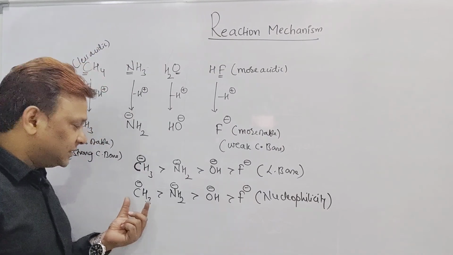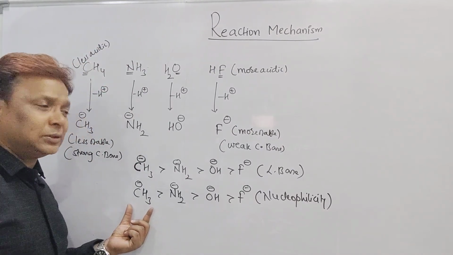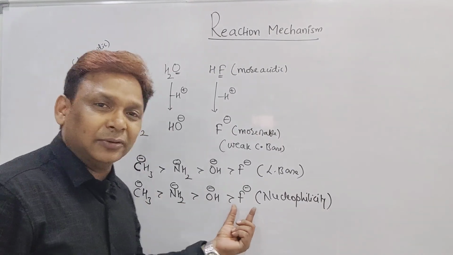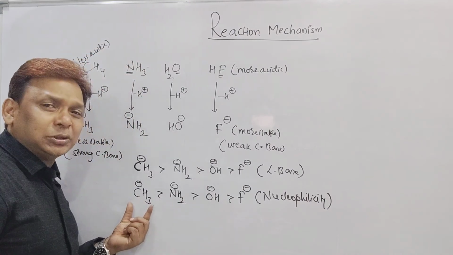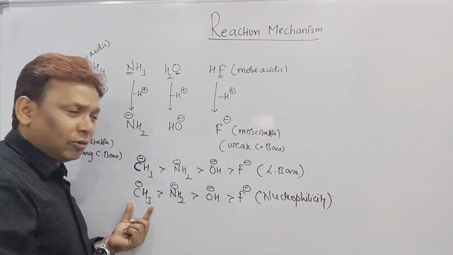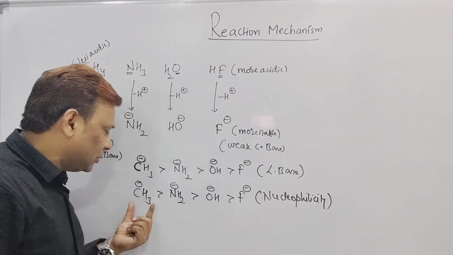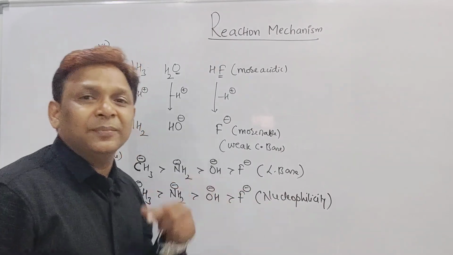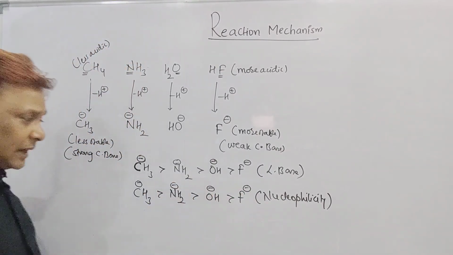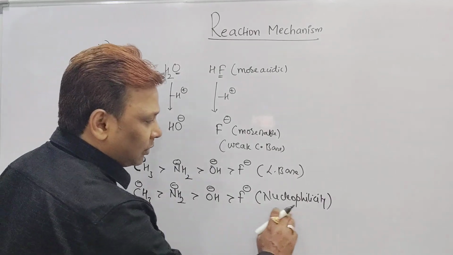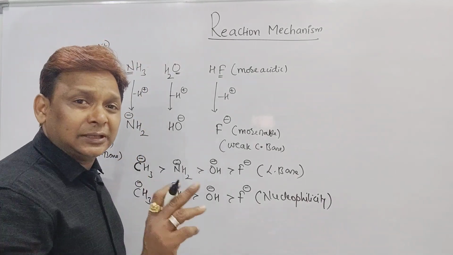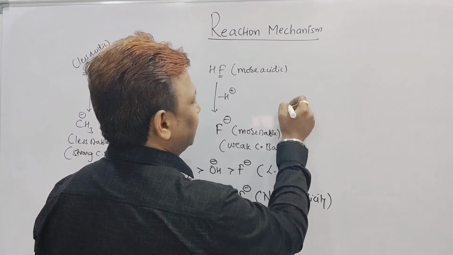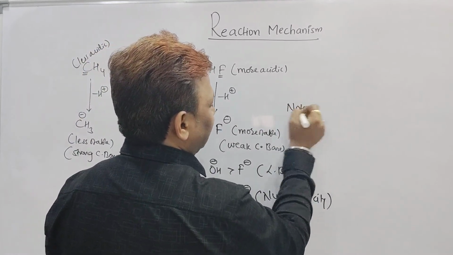But this CH3 negative has more tendency to attack than the F negative. As it has more tendency to attack on the electrophile, this tendency to attack on the electrophile is called its nucleophilicity. Sir, can we say as we go along the period, nucleophilicity order decreases? Yes, sir. This is a note point where I am writing here.